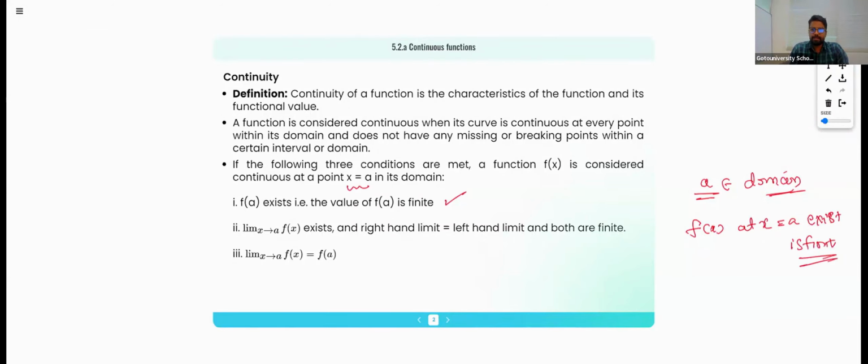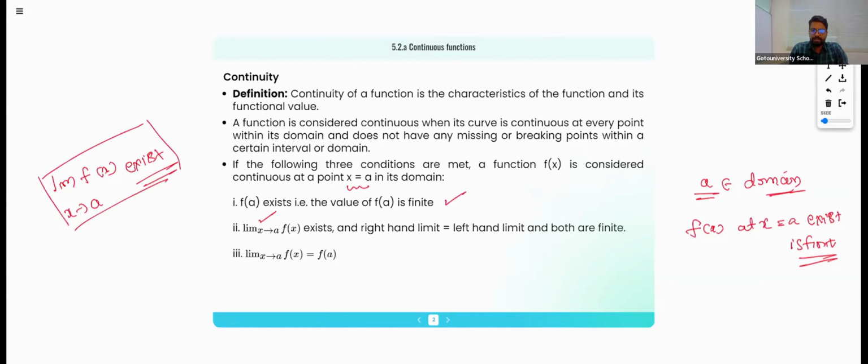Secondly, the limit of f of x as x approaches a should exist. What do we mean by exist? Limit exists means that when you take the limit, you need to get a finite value which is defined.